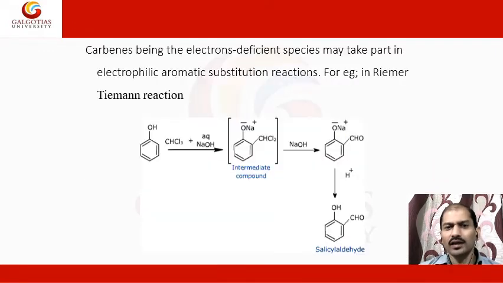Carbenes are also important in other reactions like the Reimer-Tiemann reaction, which is helpful in salicylaldehyde formation.